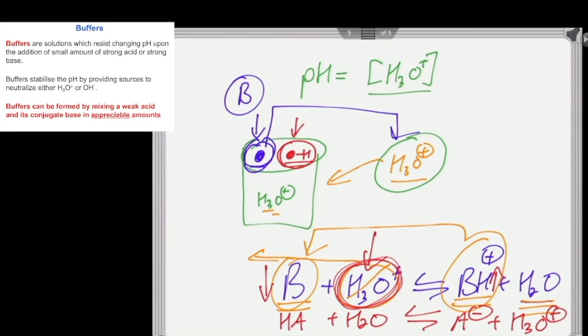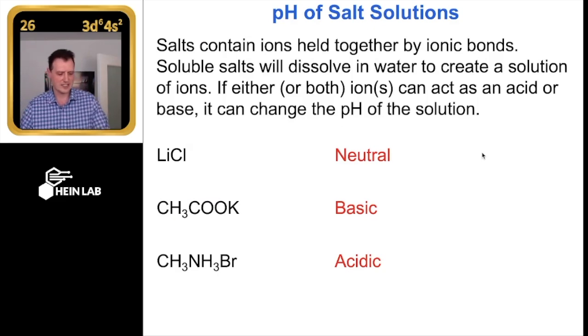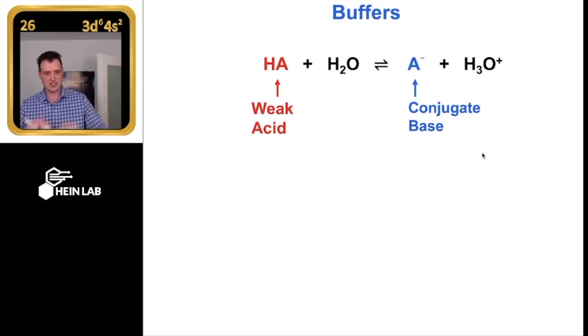This equilibrium is critical because it helps to push and pull, where overall the H3O plus concentration does not change very much. As some of it reacts, the conjugate acid will give up that species. So it's trying to hold it in this invariant way.